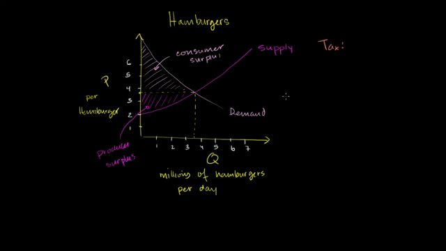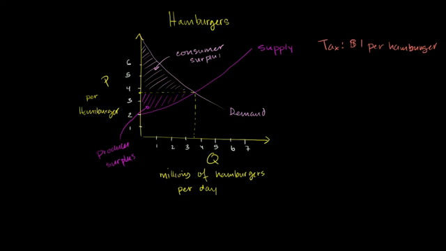They're not going to do a percentage, as most sales taxes are a percentage of the price. Instead they're just going to do a tax of $1 per hamburger. So let's think about what this does to the surplus, to the price at which transactions will go on, and what people will have to pay versus what they will get.